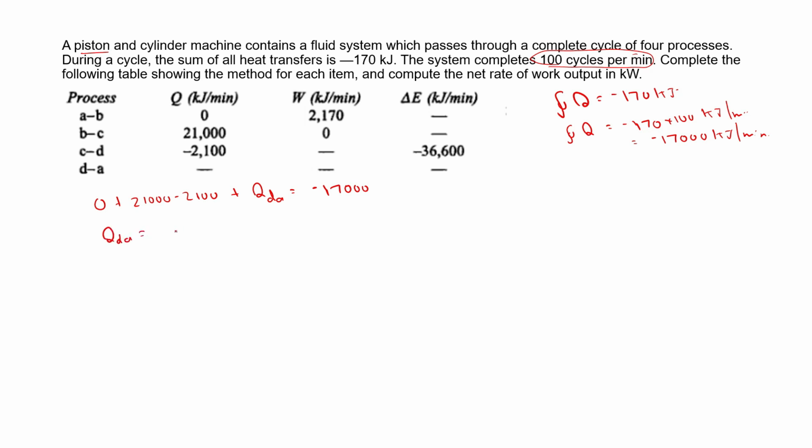So QdA will be equal to minus 35,900 kilojoule per minute. So QdA.